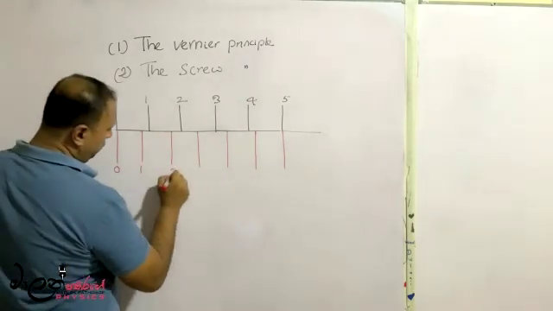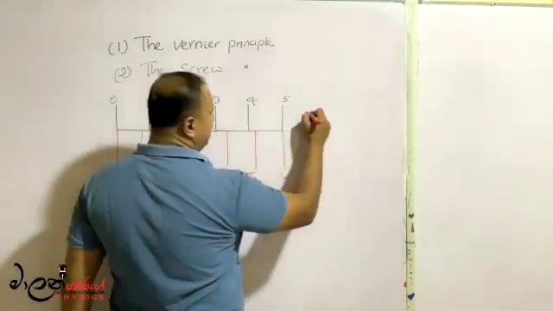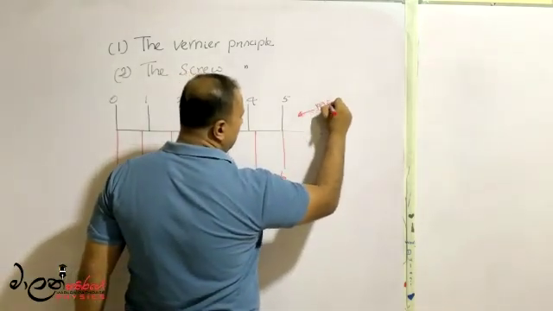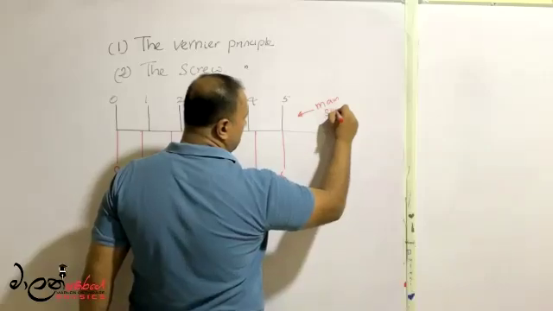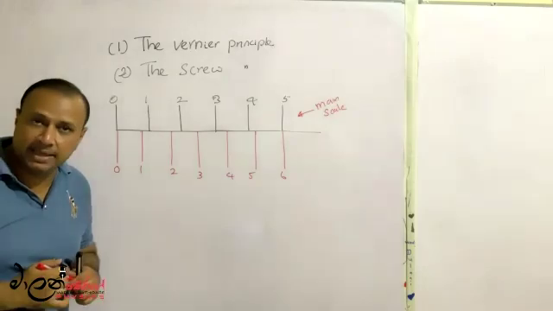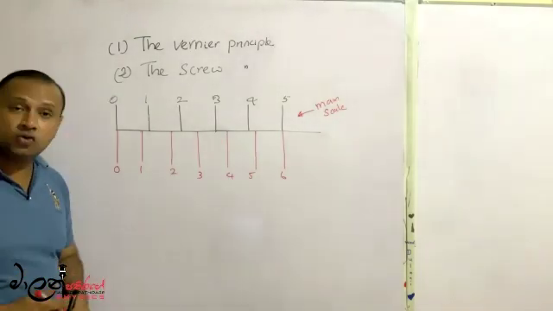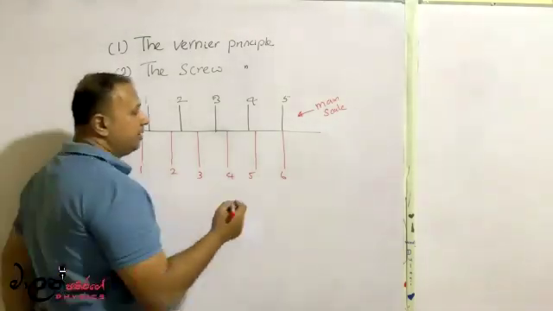Zero, 1, 2, 3, 4, 5, 6. So this is the main scale. Along with the main scale, he used another scale. That is called the vernier scale.